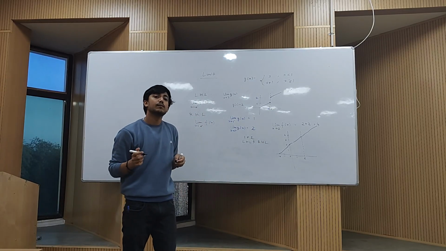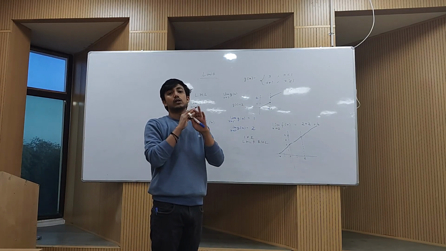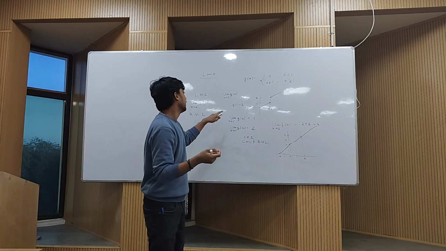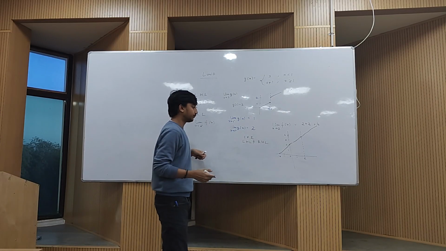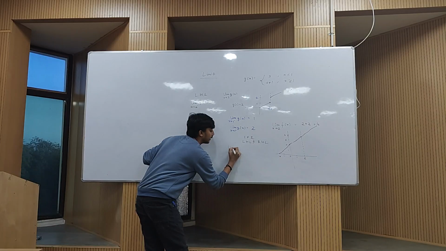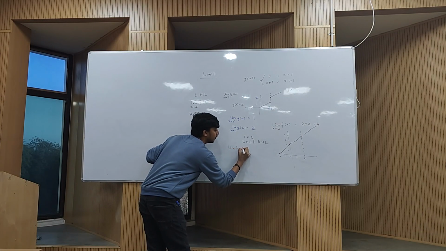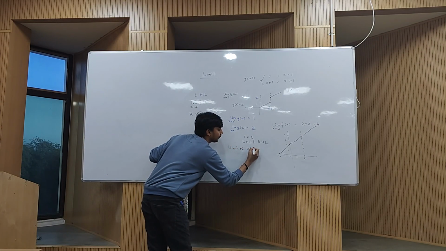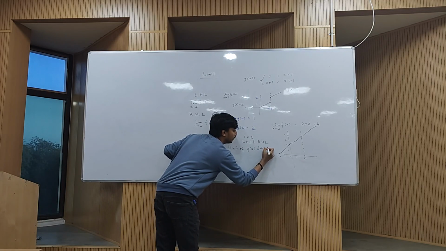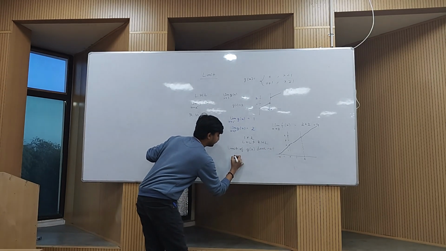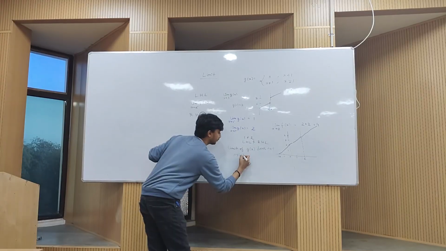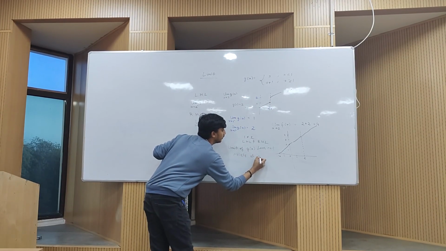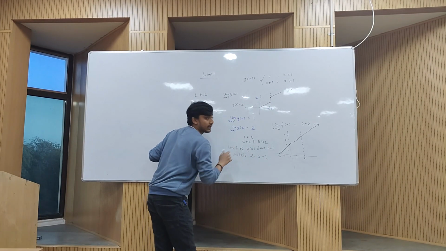Hence we say the limit of the function g(x) does not exist at x equal to 1. So here we write limit of g(x) does not exist at x equal to 1.